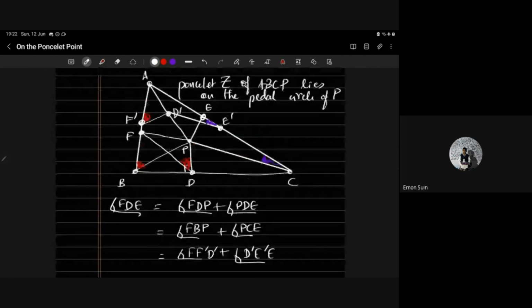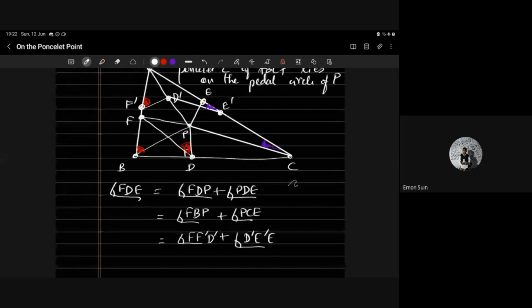Now we'll use the concyclicity of the nine-point circles. We know that F, F prime and D prime lie on the nine-point circle of APB. So that means F, F prime, D prime, Z are concyclic.